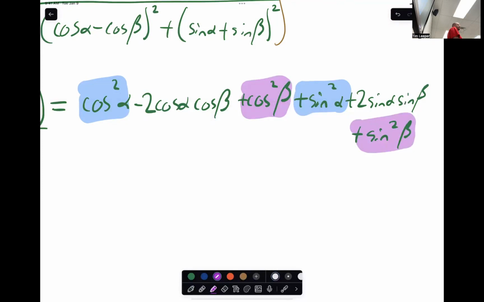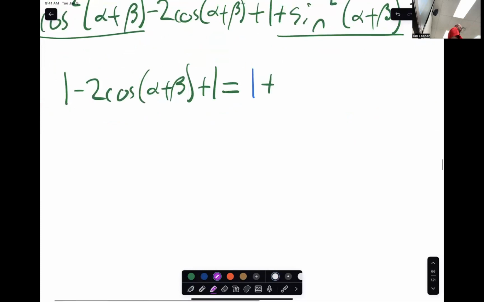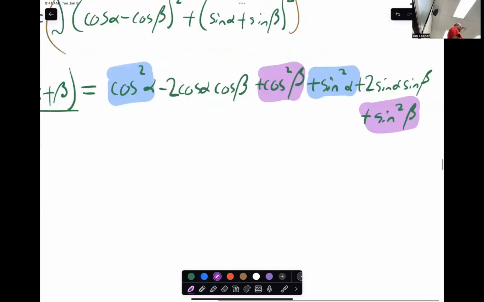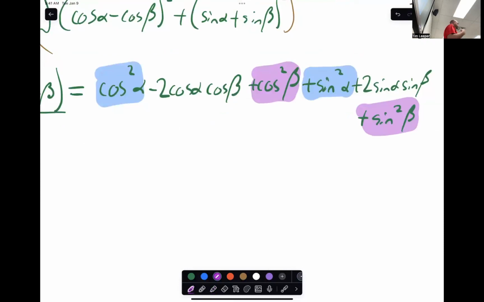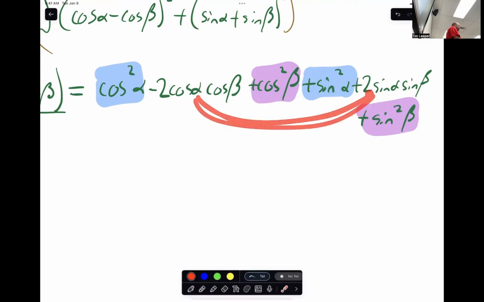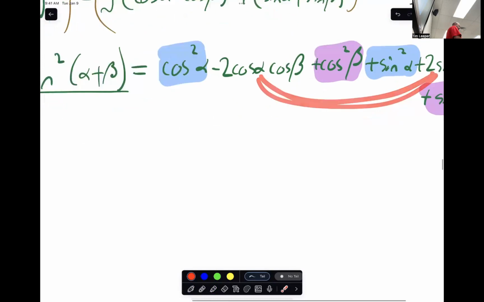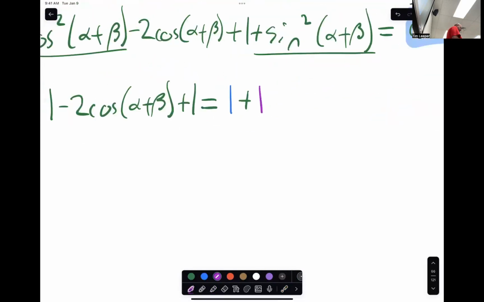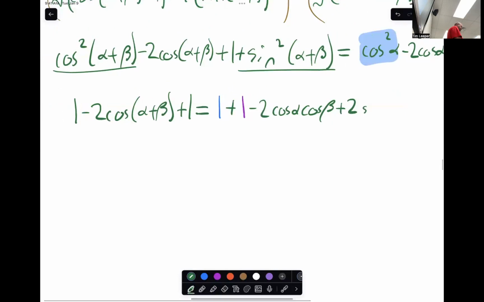What's that? 1 as well. Notice that nothing else will combine. Those two are not like terms, so we just need to rewrite those. So this would be minus 2 cosine alpha cosine beta, and then plus 2 sine alpha sine beta.